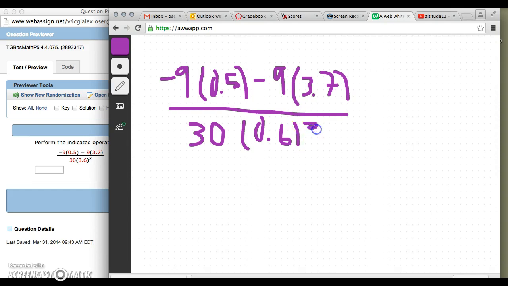Okay, so with a problem like this, guys, our order of operations is definitely going to be important. Let's remind ourselves that that is PEMDAS.